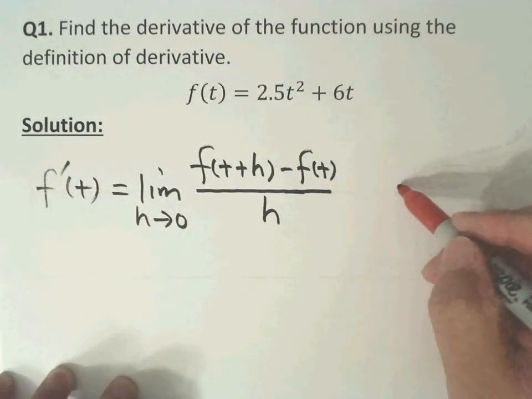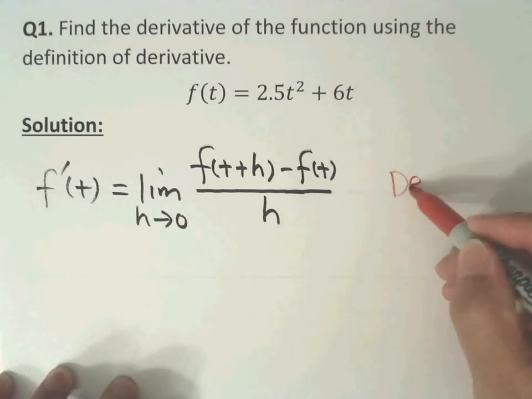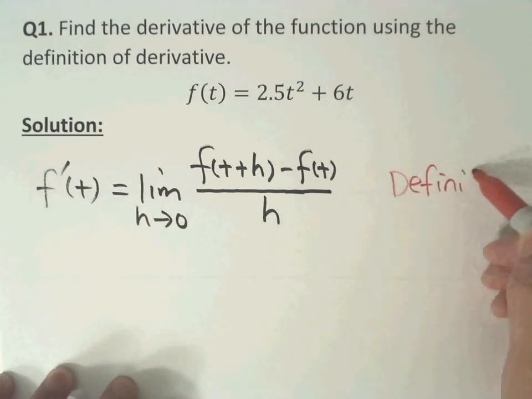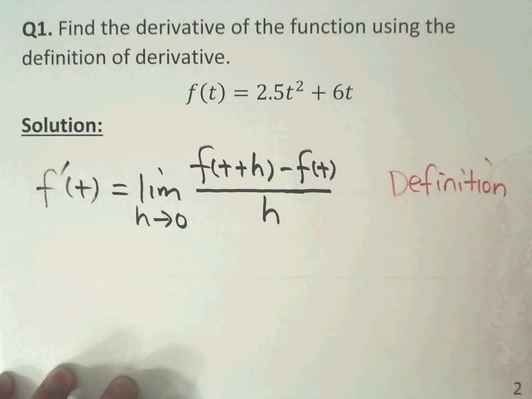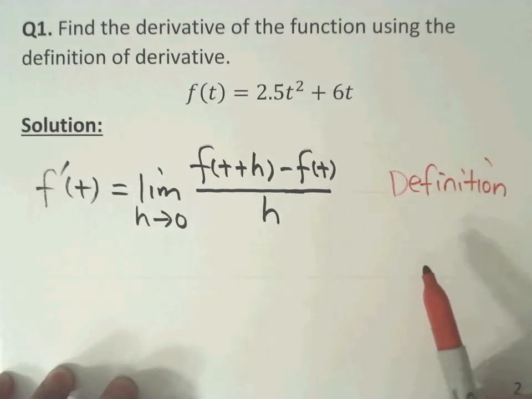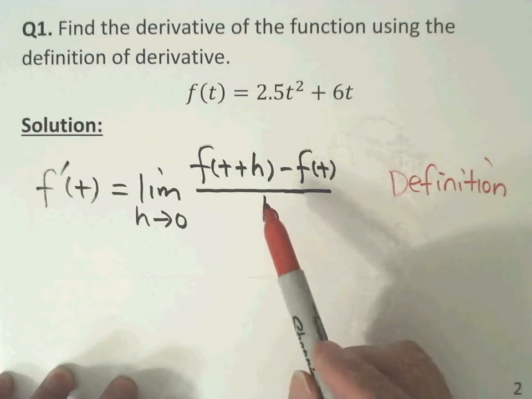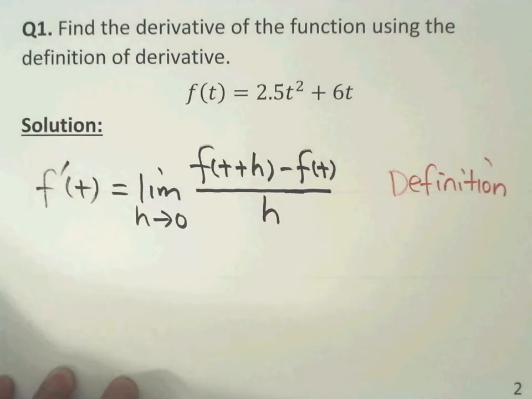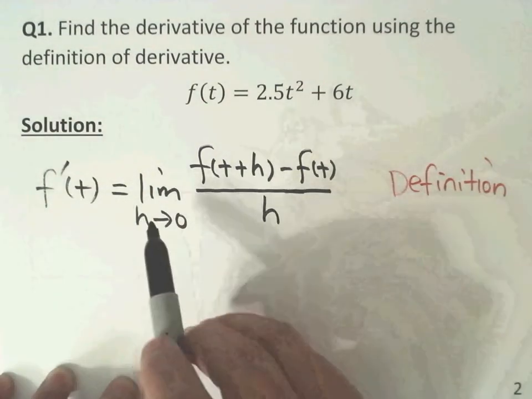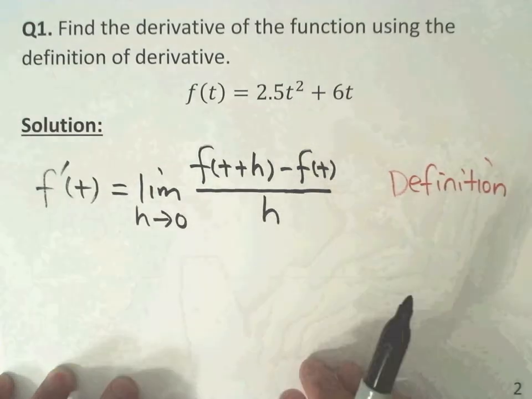This is the most common definition. We use the definition. Now what do we need to do? We need to find the result by simplification. We simplify everything and find the limit, which is the derivative function.